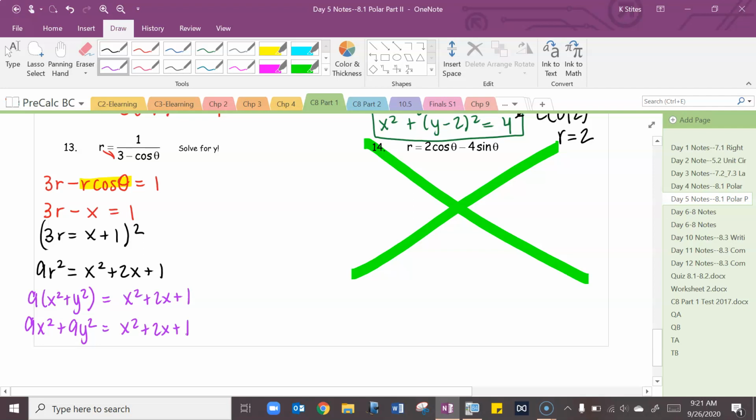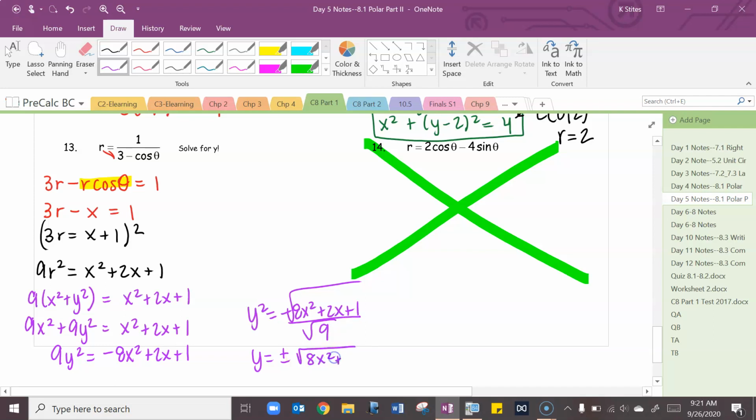Okay, and again, we are solving for y now. So now we'll just subtract our 9x squared over. This is going to be really pretty. Get ready. Divide by 9. And then square root both sides. And yes, you will need your plus or minus. What I'm going to do is square root both sides, and technically top and bottom.